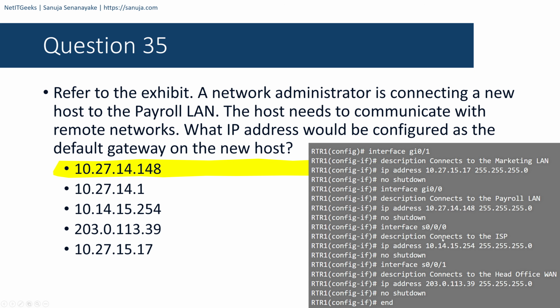So based on this screenshot, and knowing that this is described as the payroll LAN, the answer must be 10.27.14.148. Again, without this description, we wouldn't know this. There's no way to verify it. You just have to look at the configuration and the description and then figure out the answer.